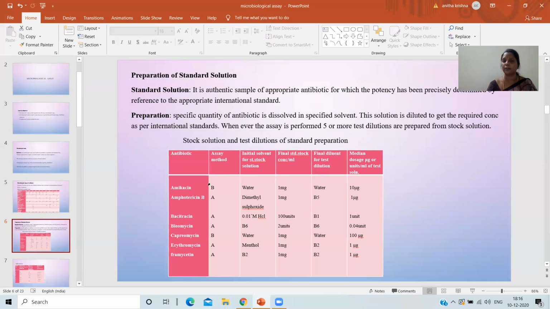For amikacin, we follow method B, the initial solvent is water, the final concentration of the standard stock solution is 1 mg per ml, the final diluent for test dilution is water, and the median dosage is 10 micrograms. These are examples of antibiotics like amikacin, amphotericin, bacitracin, bleomycin, capreomycin, erythromycin, famotidine, with their solvents, final concentrations and median concentrations for your standard solutions.